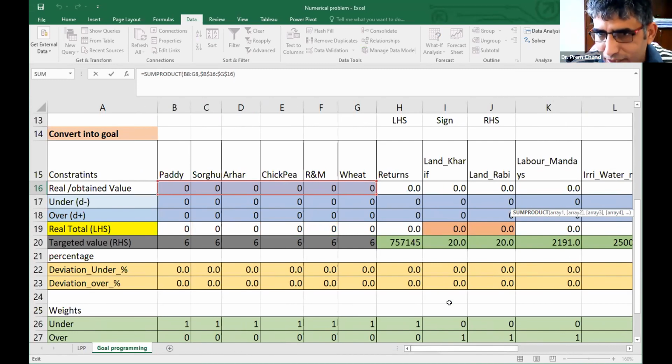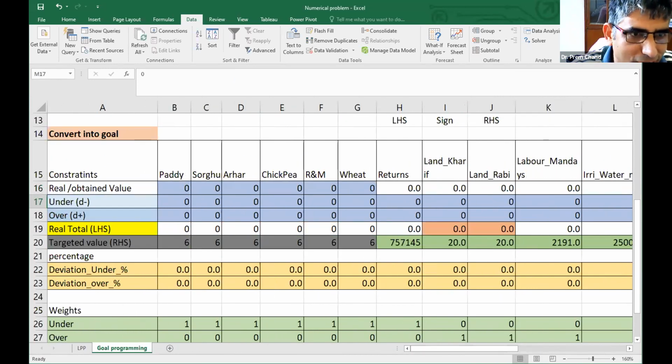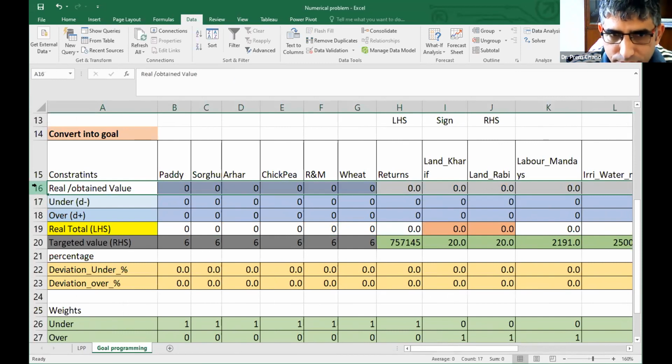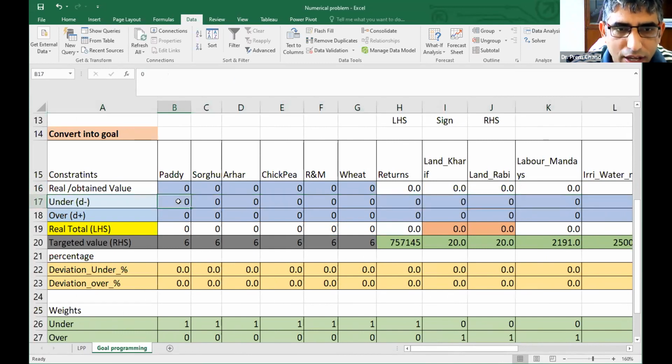So I'm getting the actual obtained value. This is the row of actual obtained value, and this is the row of underachievement. This means this much underachievement I can accept, or this much overachievement I can accept, but only one of these.